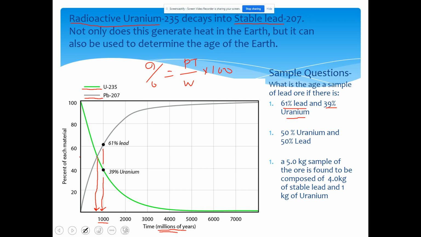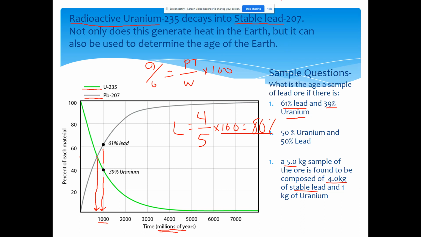So if we want to see which part is lead, I would say 4 kilograms is lead. That's the part that's lead. The whole is 5 kilograms, and I times that by 100, and what do I get? 80%. So 80% is lead, which means 20% has to be uranium, because those percentages have to add up.